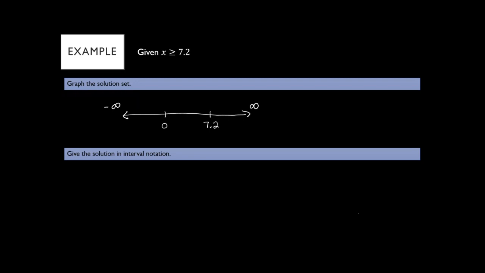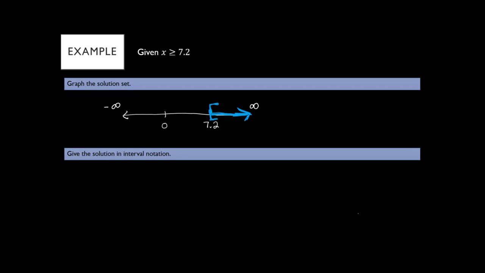Once you put in your number line where X is greater than, so greater than is to the right, I'm going to shade to the right, or equal to, which is a bracket, so it's facing the shading. And so we've got a bracket at 7.2, and then we're shading to the right. Now we give this solution in interval notation.